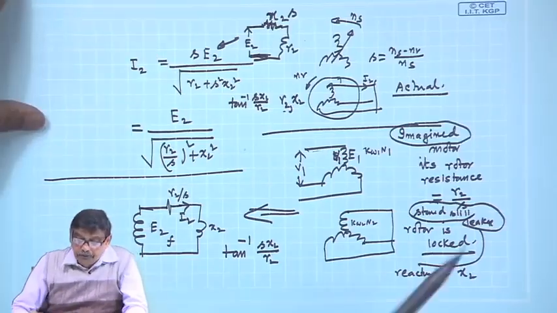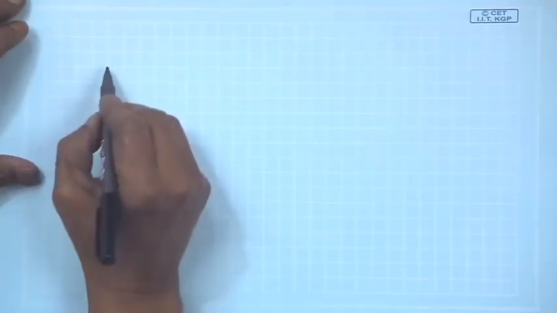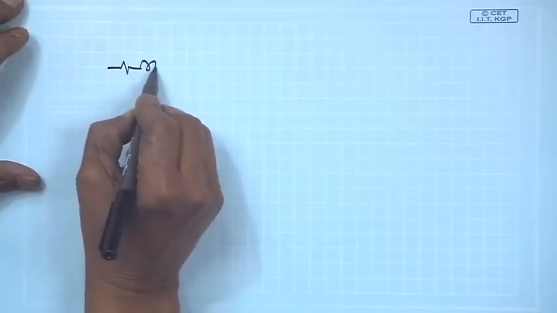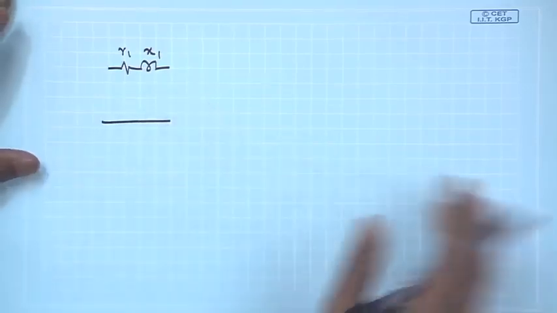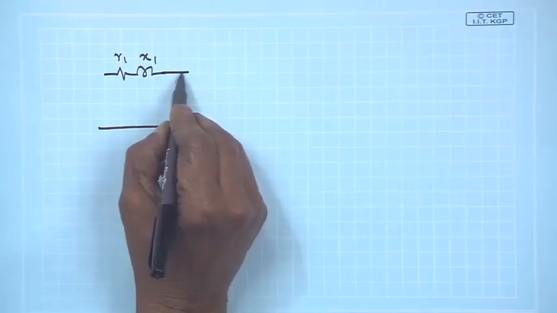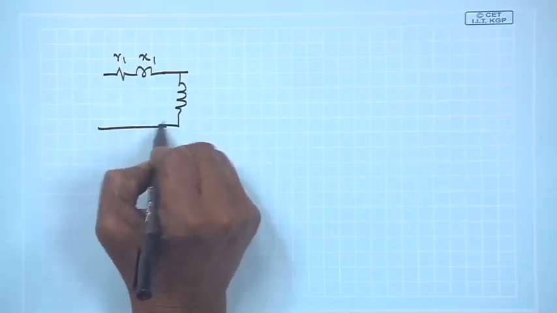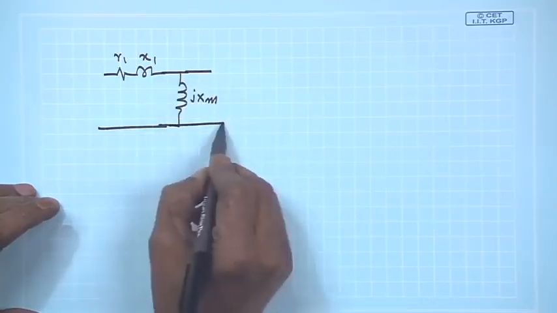Therefore, what people do is this: I will once again draw this. We had this one, R1, X1. Okay, this is how I try to understand; there may be other ways. This is your Xm and here is your E1.